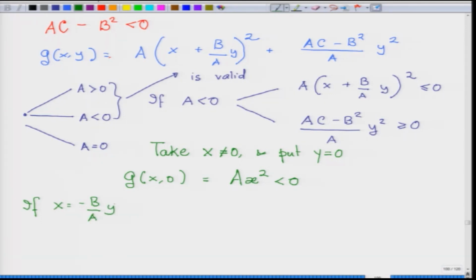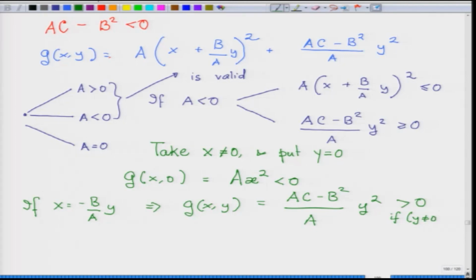So, this part of Gxy will vanish, that will imply that Gxy is equal to AC minus B square by A times y square, which is positive for all y not equal to 0. If y is 0, then this is greater than or equal to 0.